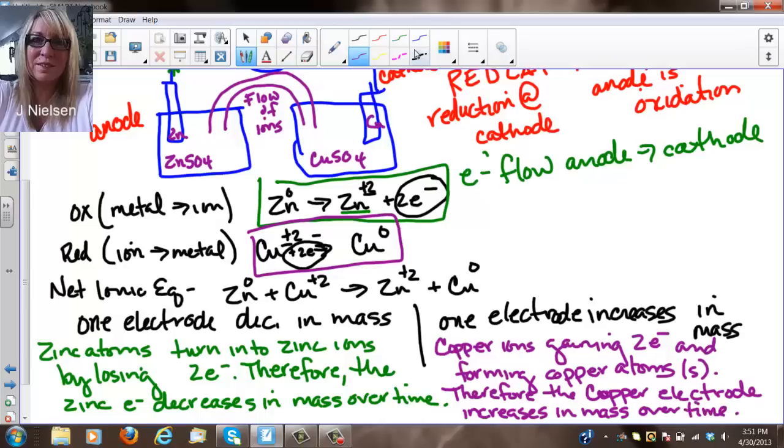Let me go back and correct that. This should be electrode. So that's basically the galvanic cells.